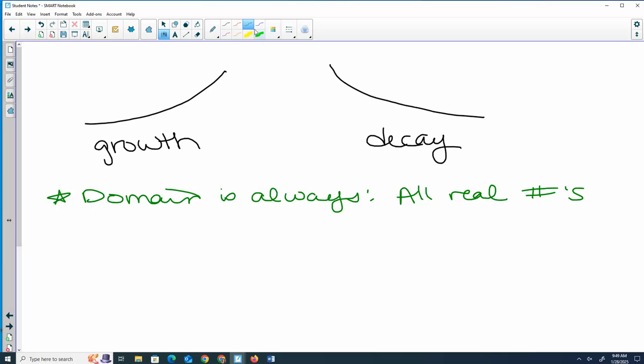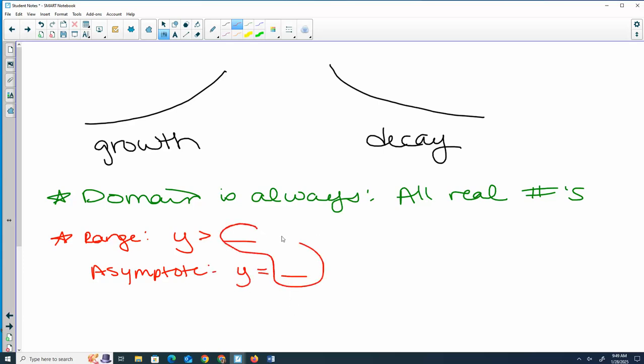The range is going to be y is greater than some number. And the asymptote is y equals some number. And these numbers are the same. And they come from whatever is added or subtracted on the end.